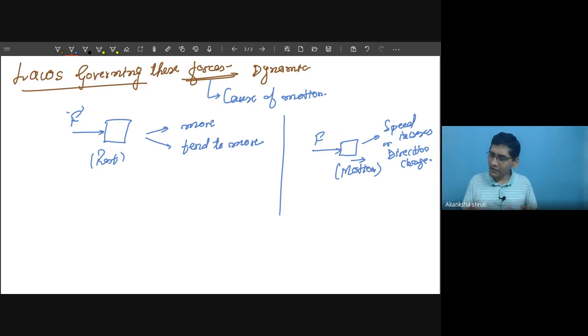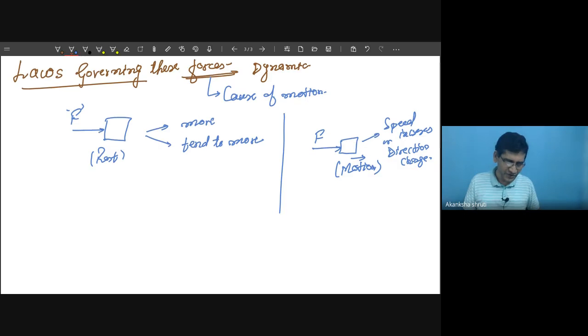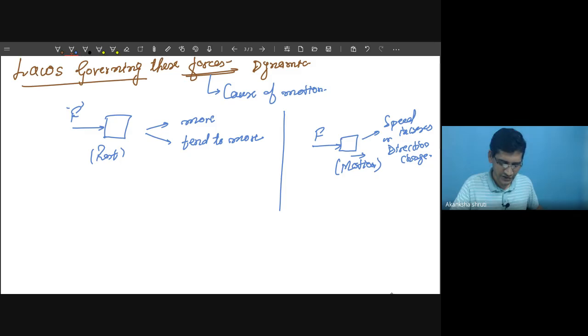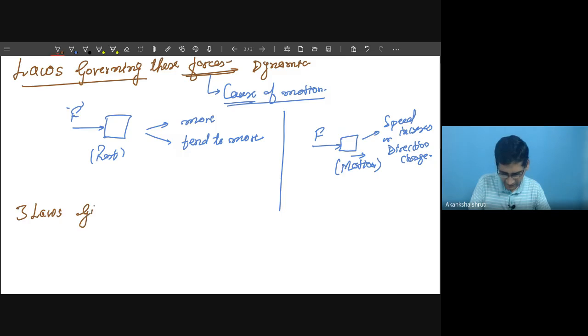So what are the laws that are governing? There are three laws which govern this force. These laws are three laws given by Newton, which explain if the body is at rest and force is applied, what will happen?